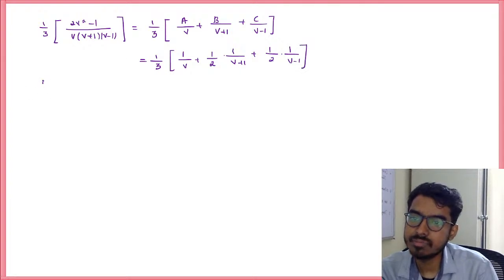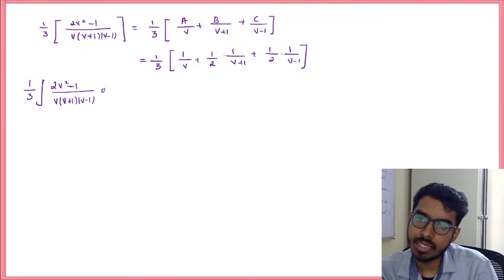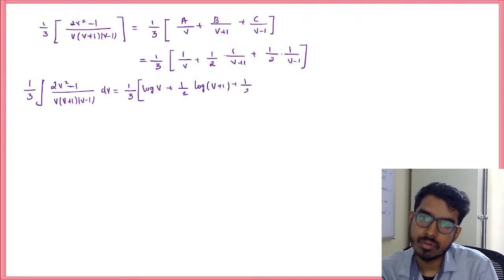Integrate this. 1 by 3 (2v² − 1) divided by v into (v + 1)(v − 1). This is integration. This is what? Log v. And this is log (v + 1). This is log (v − 1).